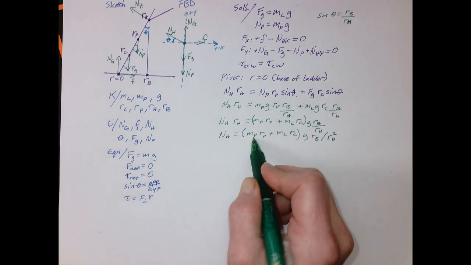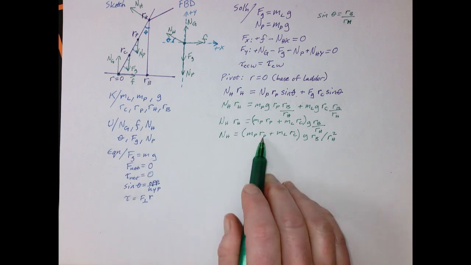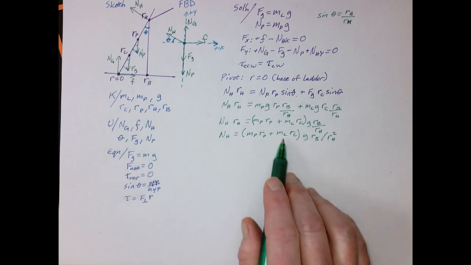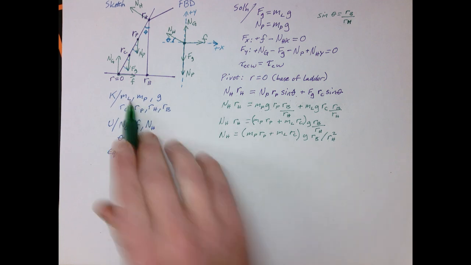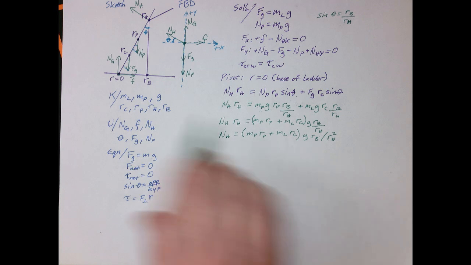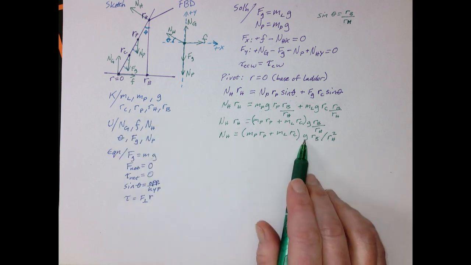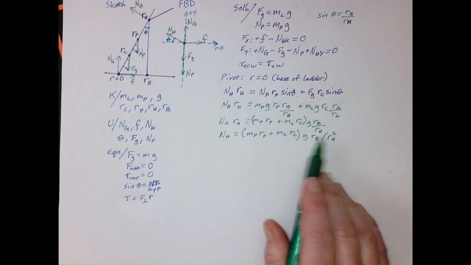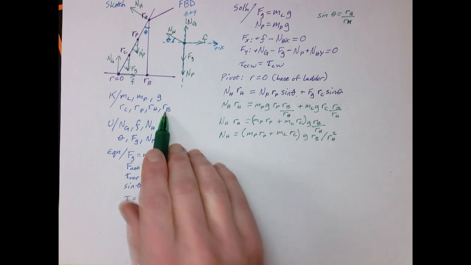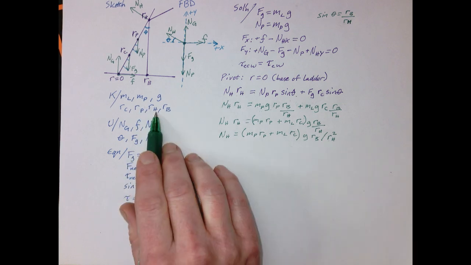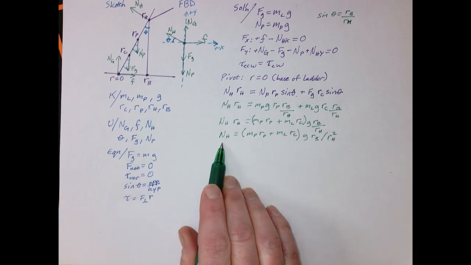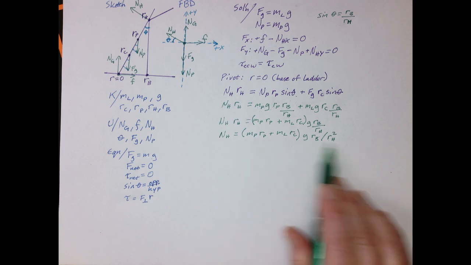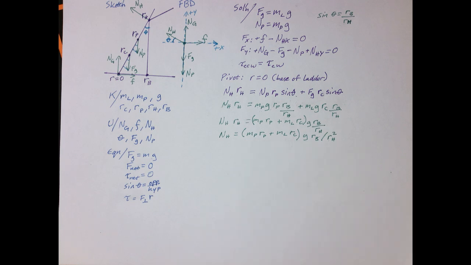We know m sub p and r sub p and m sub l, r sub c, g, r sub b, and r sub h. So we've now solved for n sub h in terms of only quantities that we know.